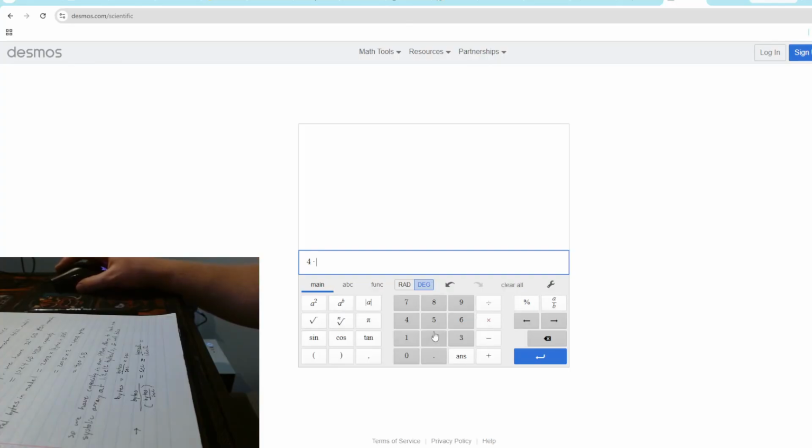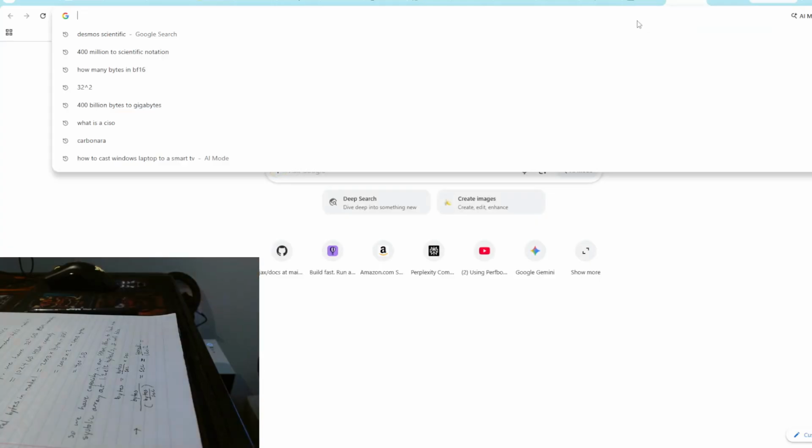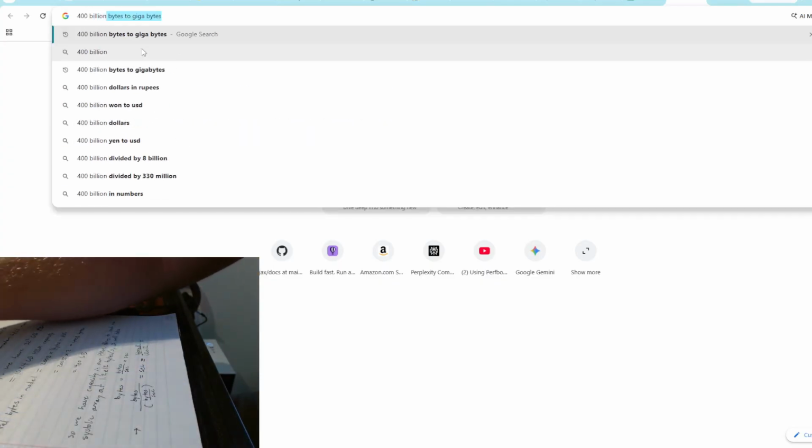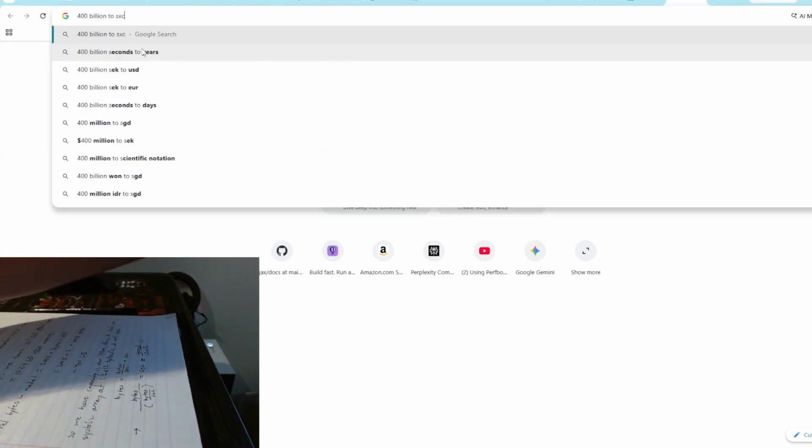4 times 10 to the 8. 400 billion looks right. Wait, that looks like 400 million. Yeah, that's not right. It should be 10 to the 12. 400 billion to scientific notation.